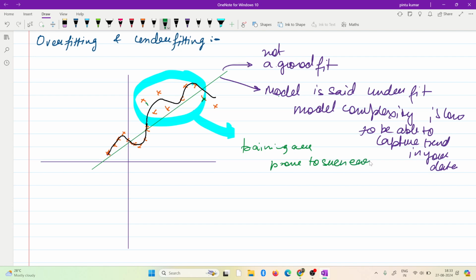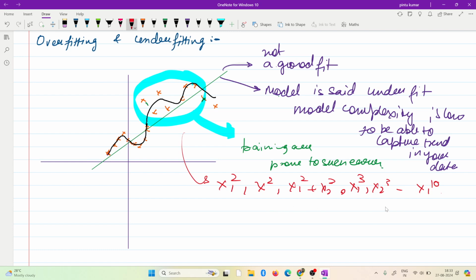Now let's say you included a lot of nonlinear features. By that, what I mean is, let's say you included x1 square, x2 square, and then x1 square plus x2 square. You also included x1 cube, x2 cube, and so on. Let's say you included up to x to the power 10.